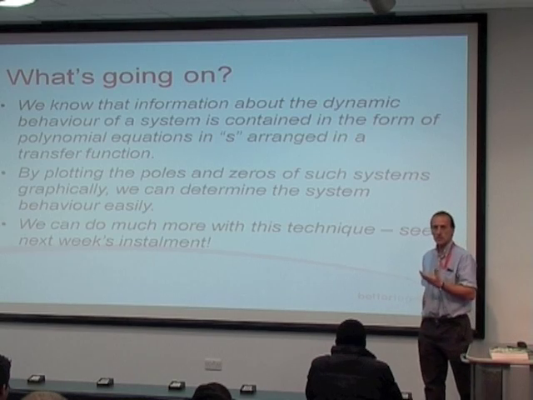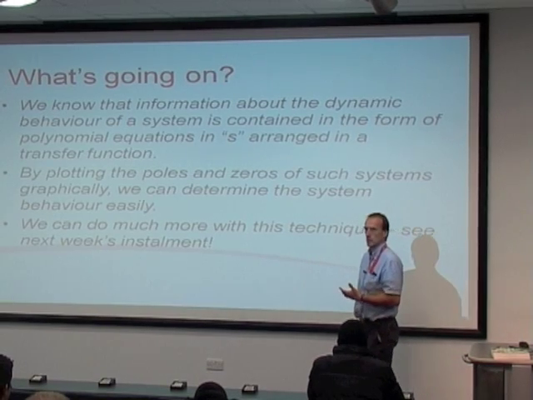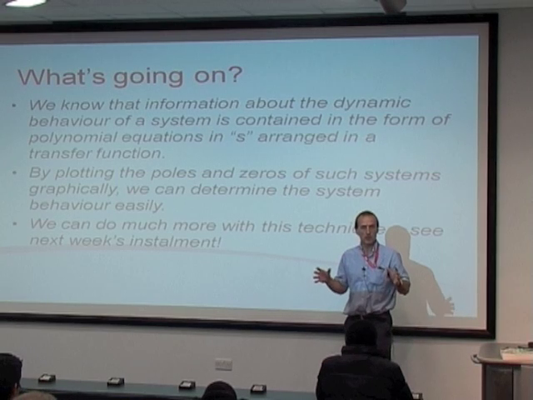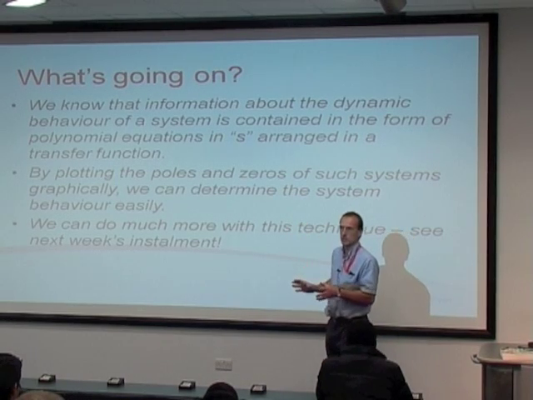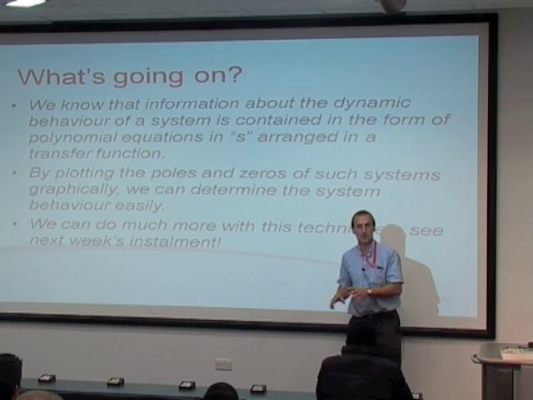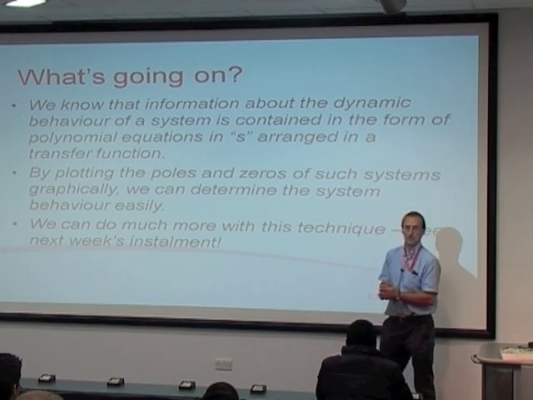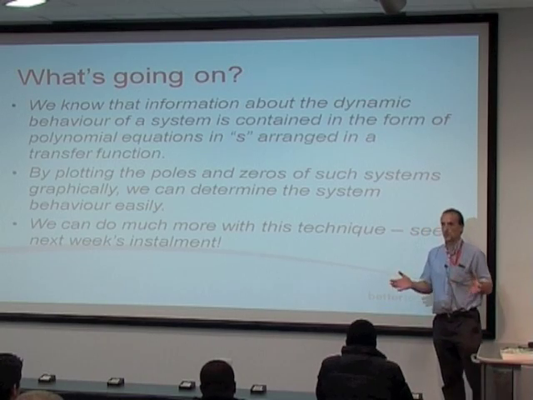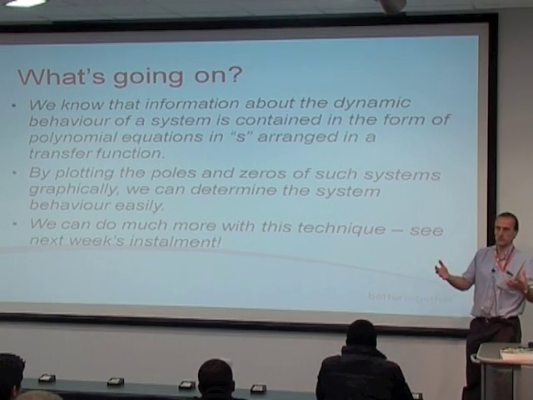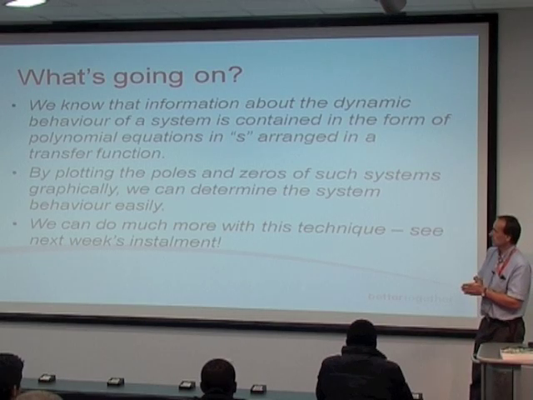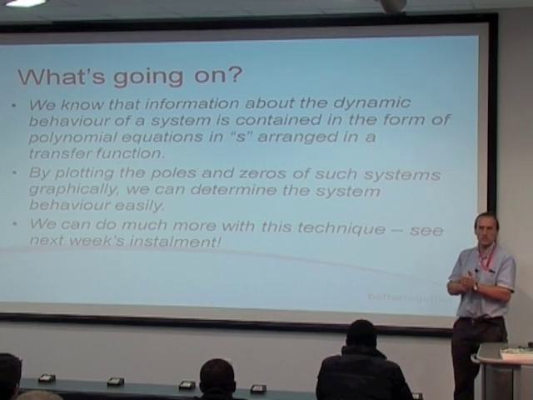But really, if you can get your head into the idea that representing polynomial equations as noughts and crosses is okay, as an abstract way of presenting them, then this becomes really easy. Because as human animals, we're all very good with visual symbols. So that's an introduction to poles on the S-plane.